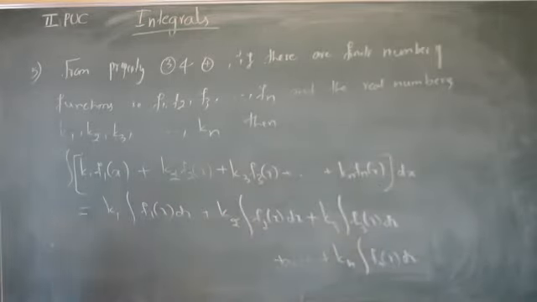So this is the next property. If there are any number of terms also, we can write the same using property 3 and property 4. So these proofs are not important for any property, only the result is important.